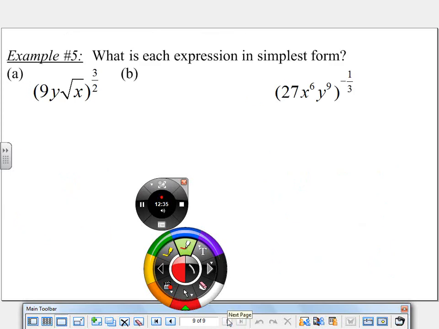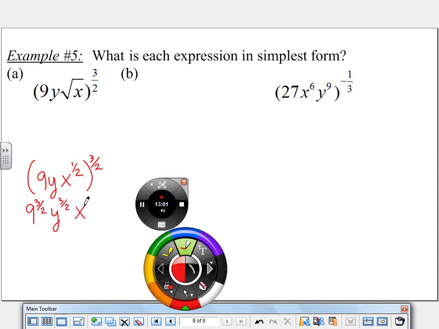All right, so the last thing we're going to do is simplify each expression that's here. So in this first one, I'm actually going to write the x with a 1/2 exponent. And the reason I'm doing that is because there's this 3/2 exponent out here. And so I want to be able to combine everything together. So I'm just going to give that exponent to each of these.